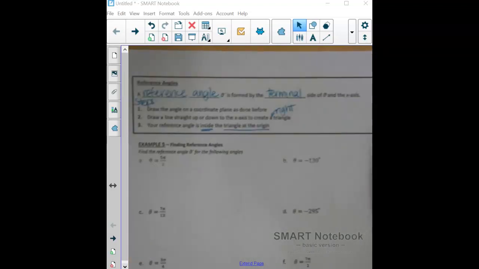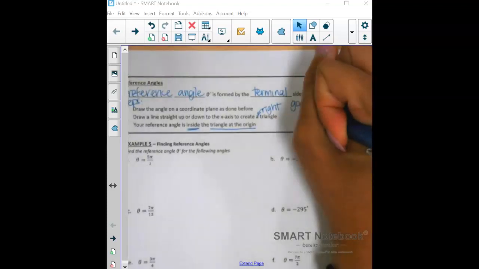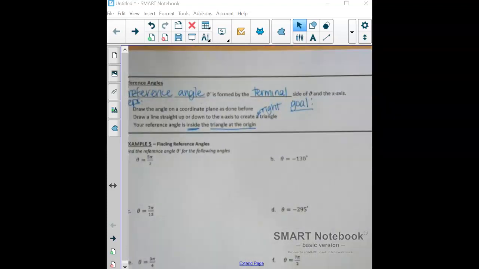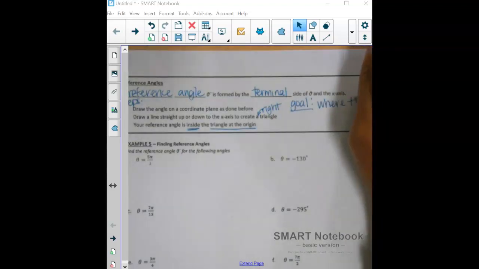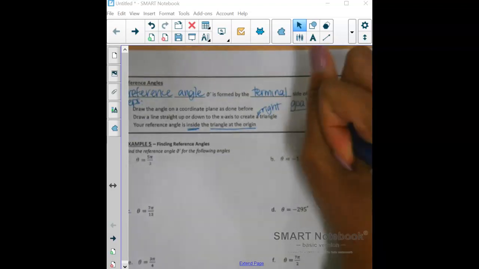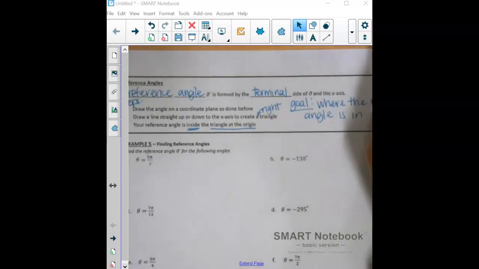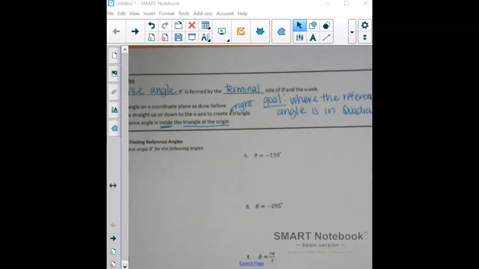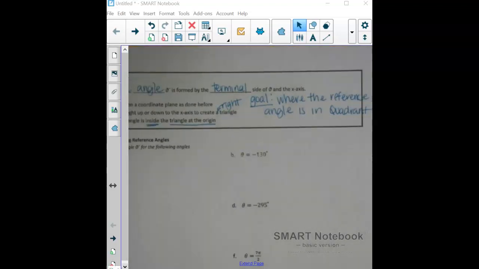So I just want to help you with identifying, okay, what's the point of this? What are you finding? The goal of this page is to help you identify where the reference angle is in quadrant 1.